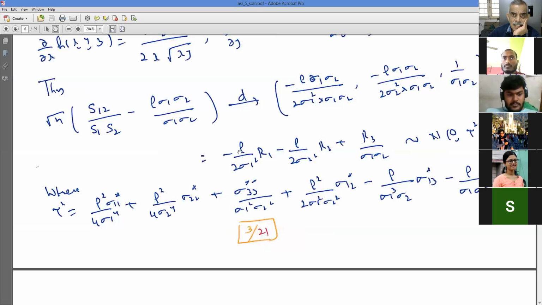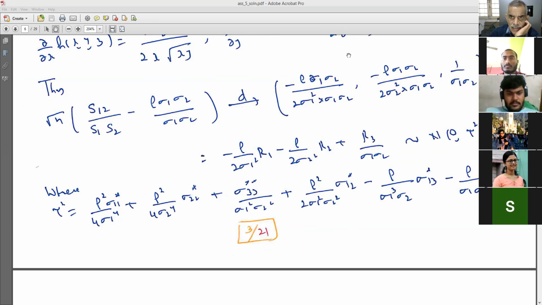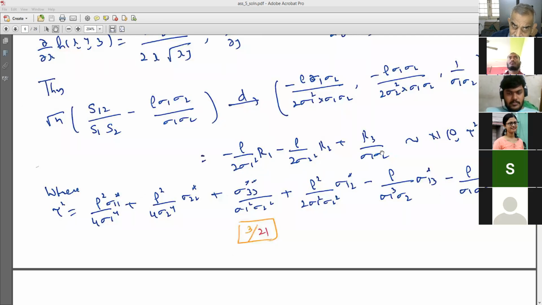And this is a linear combination of components of a multivariate normal, so it will have a univariate normal distribution. Once it is univariate normal, I know its mean. I can find it from the expectations of R1, R2, and R3, which have mean 0, so the mean would be 0.